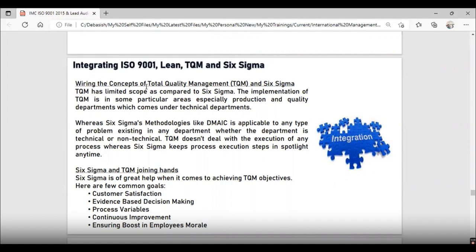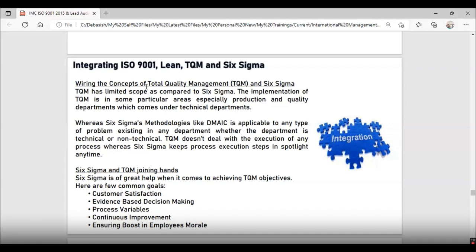Total quality management does not deal with the execution of any process, whereas Six Sigma keeps process execution steps in the spotlight at all times. Six Sigma and TQM coming together, joining hands. Six Sigma is of great help when it comes to achieving total quality management objectives.